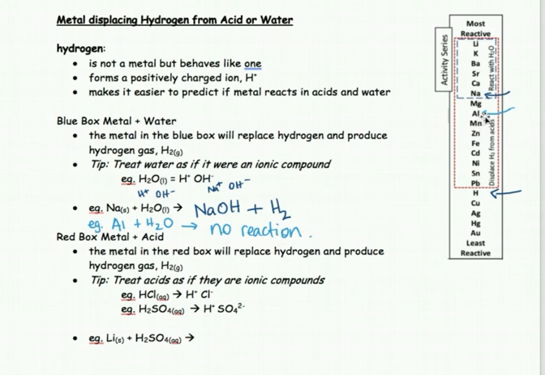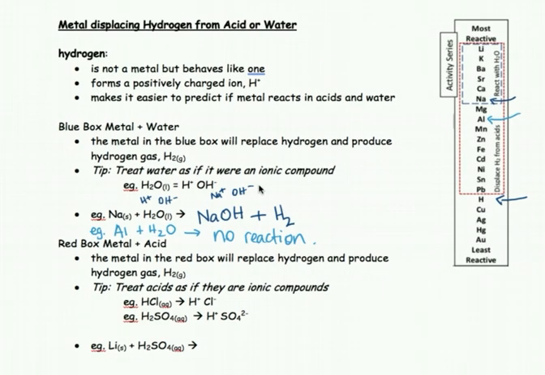So aluminum here, no reaction, like iron, cadmium, all of these will be no reaction. Hopefully you feel confident with how the water box works here on the activity series. Again, if you are in here, you can displace the hydrogen out of water and make a new compound and produce hydrogen gas.